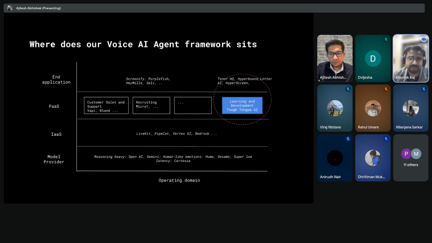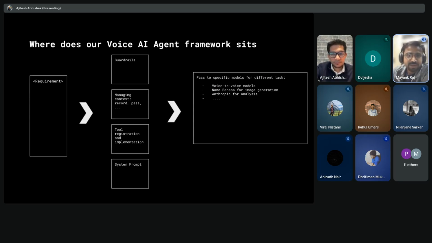That spectrum could be that they are close to end applications, or they can be as close to LiveKit and PipeCat, that they give you the infra. One thing that we want to highlight here is that while using Tuftung AI, we cover this platform spectrum very broadly. You can use it in a low-code way, and you can also use it in a higher-code way to build your own applications.